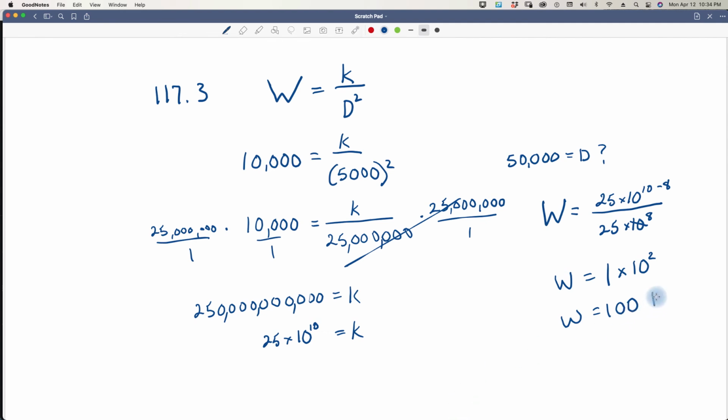So that's 100 pounds. That's our unit of measure. All right, does everybody follow that? All we did was change this big number into scientific notation, because it would be easier and faster to multiply. And then we put it down here and squared it.